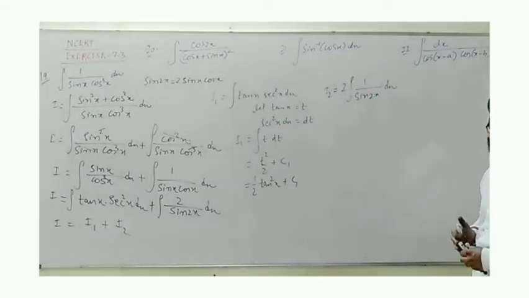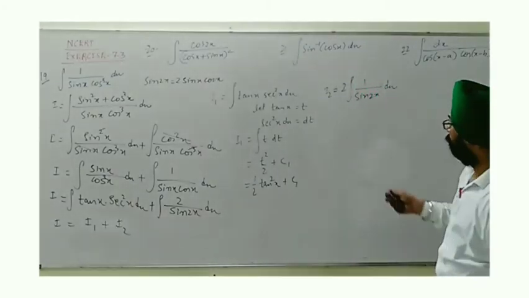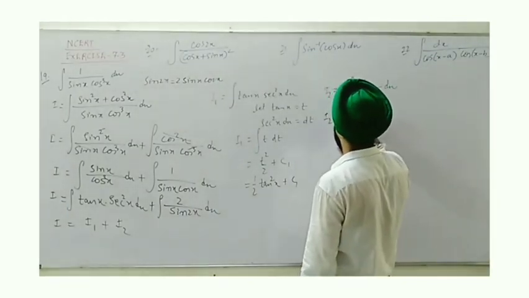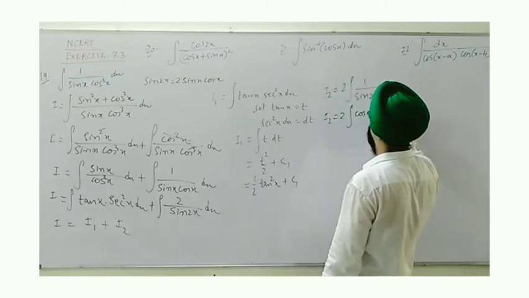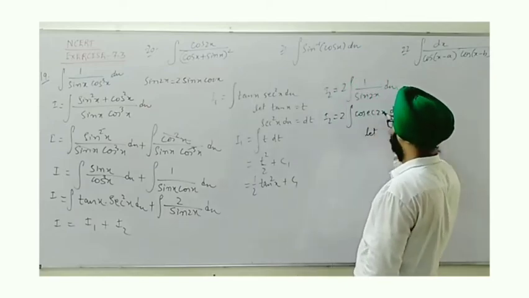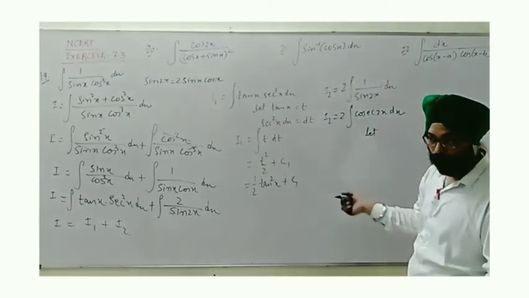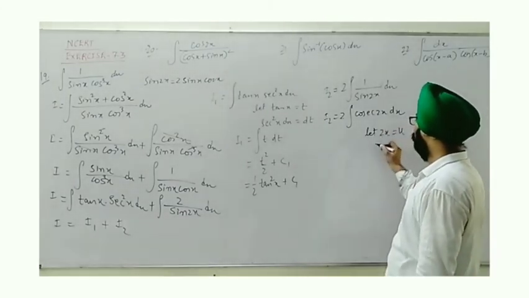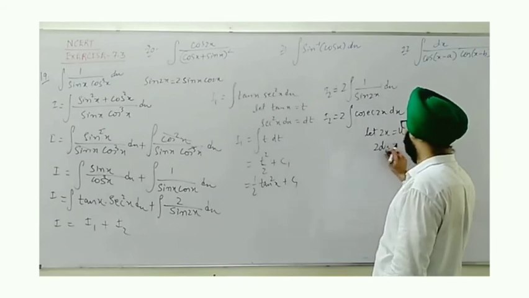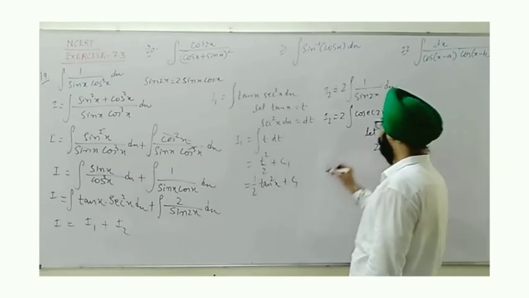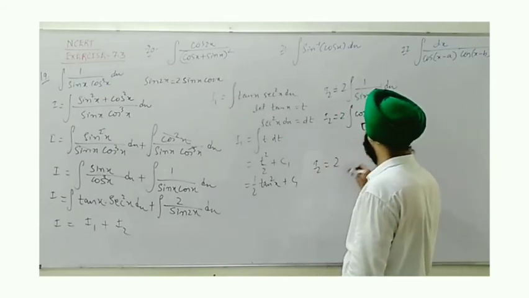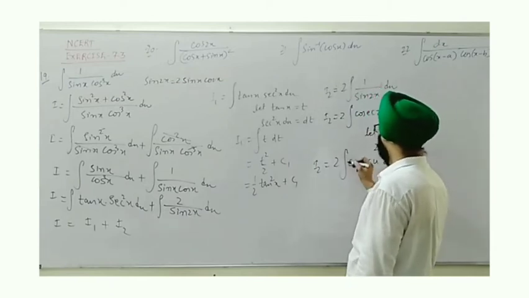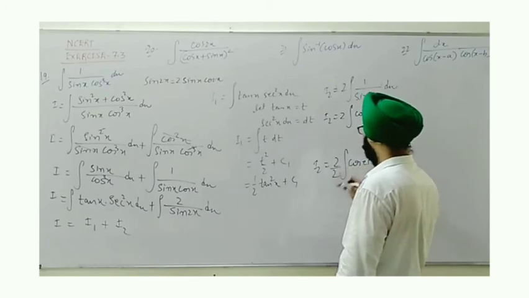First of all, as you know, 1 upon sin is cosec, so we can write I2 as twice the integration of cosec 2x dx. Let 2x equal to u, so 2 dx equals du, and we can write I2 as twice cosec u du, and this 2 in the denominator will come here.